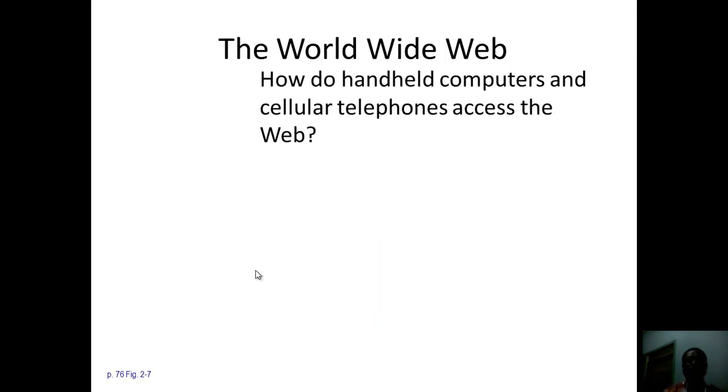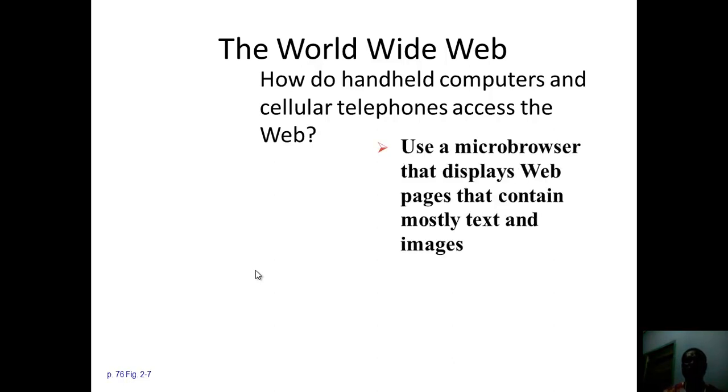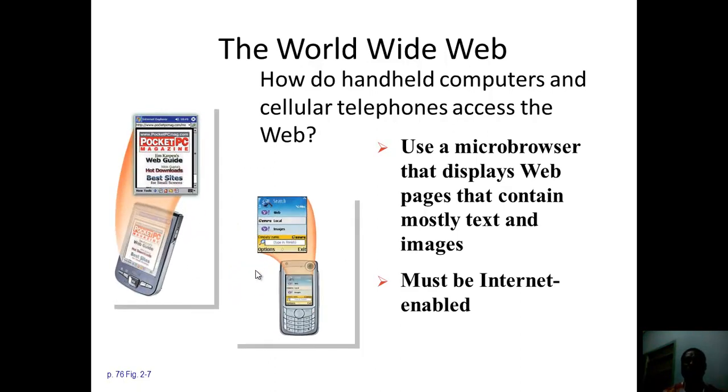Now, how do cellular telephones access the web? We use what we call a micro browser, which displays web pages that contain mostly text and images. It must be internet enabled. The browsers on your phones are normally mini, designed to work with your mobile phone.